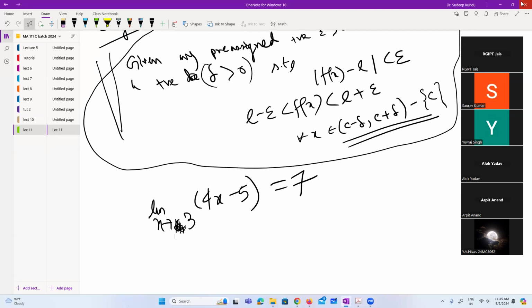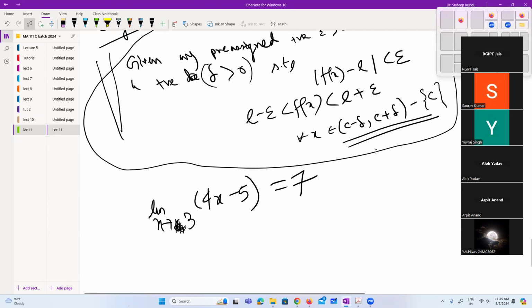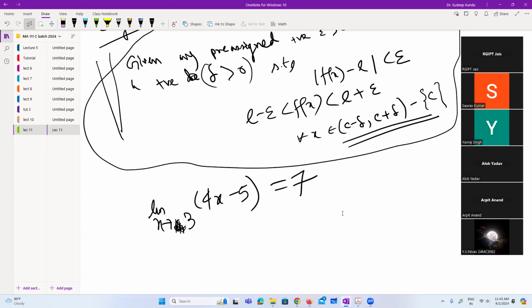What will be the relation between delta and epsilon? Delta is equal to epsilon by 2.